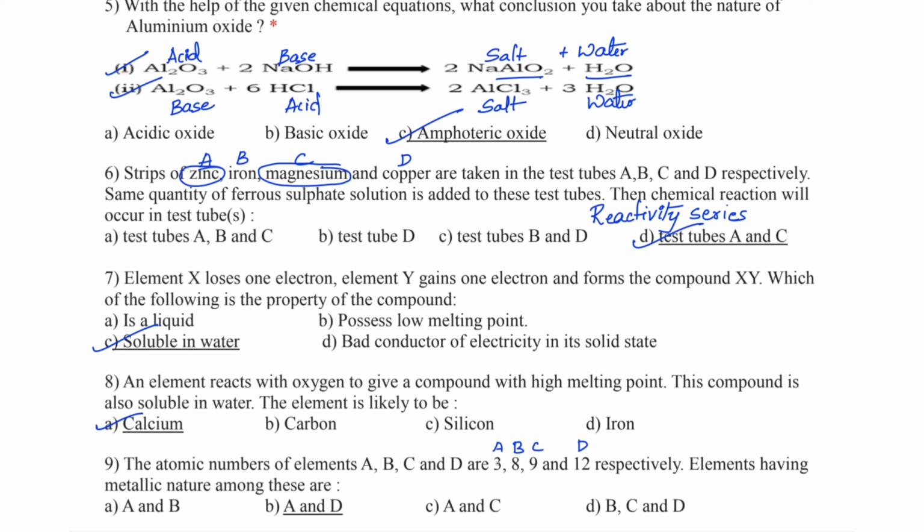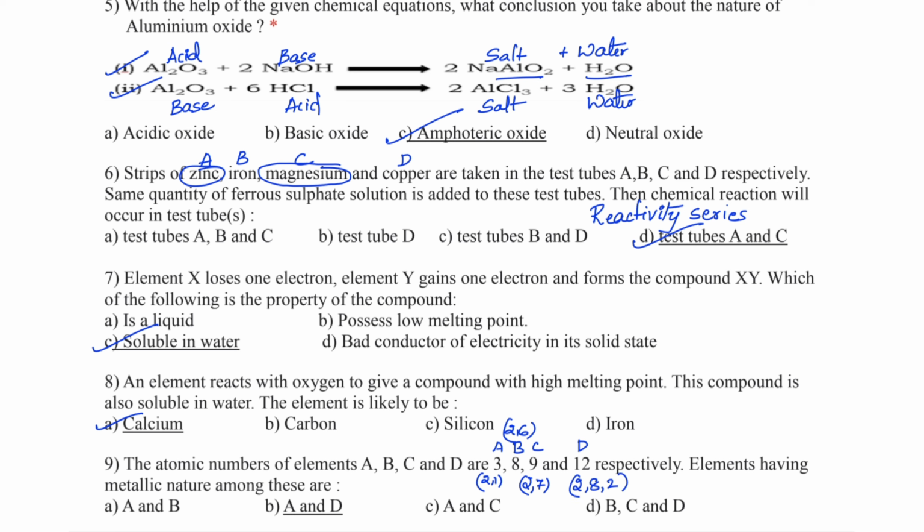Simply I can write the electronic configuration for the elements. For atomic number 3 it is 2, 1, for 8 I can write 2, 6, and for 9, 2, 7. For 12 it is 2, 8, 2.